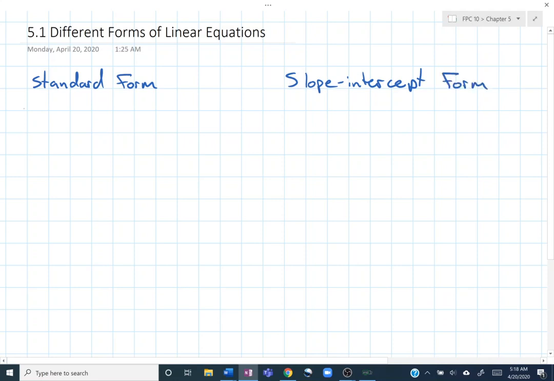Standard form is a line written like ax plus by is equal to c, where a, b, and c are any real numbers. So just numbers that you can think of, whereas x and y are going to be the variables.